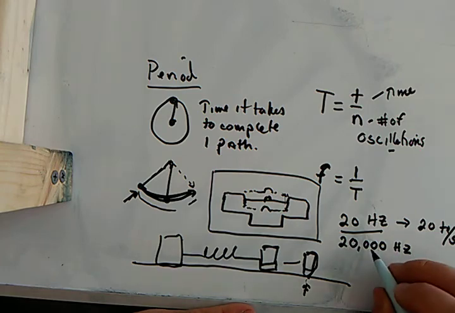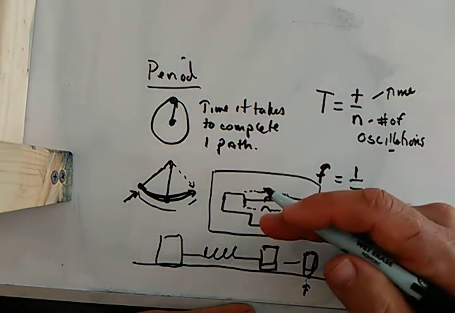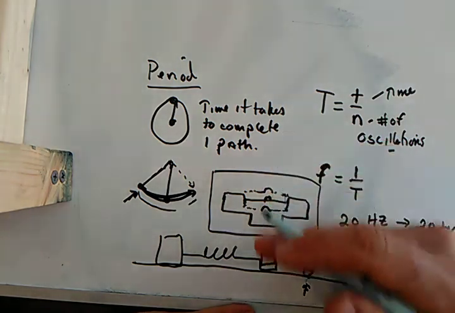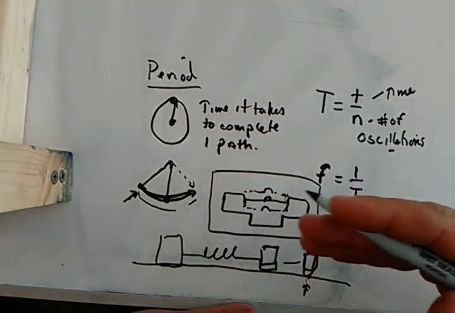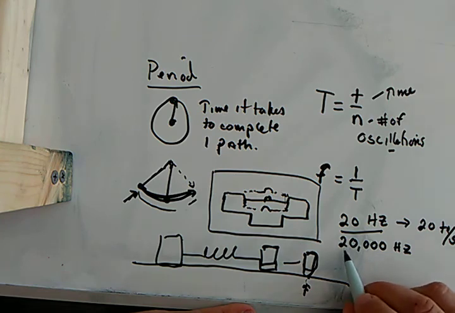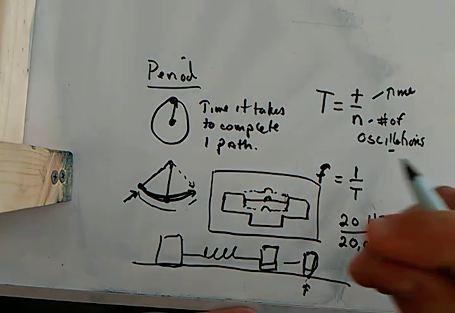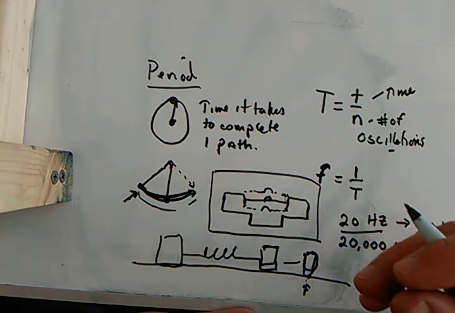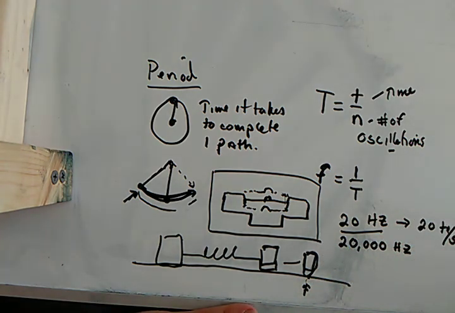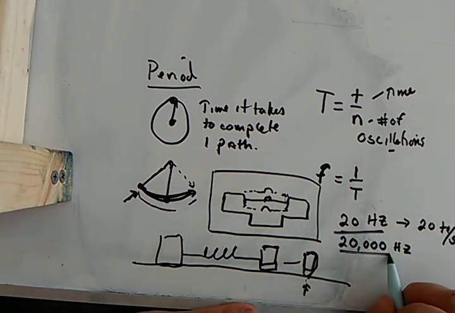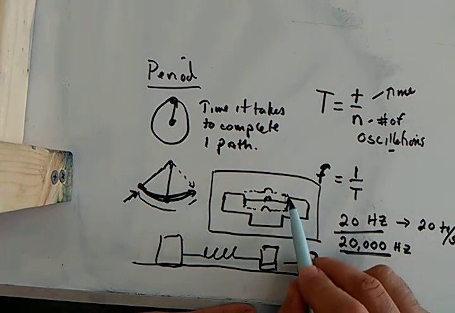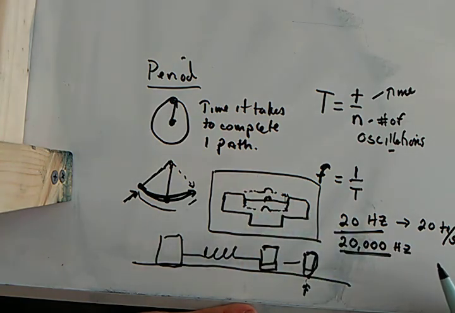So that means that our ears can hear a speaker that goes all the way from the low of 20 times per second, really low sound, all the way up to a frequency of about 20,000 times per second. And that would be a very high-pitched sound. I'll give you a pretty cool applet to look at later, and you can kind of see the difference. But yes, that means the actual speaker here is going up and down 20,000 times in a second.